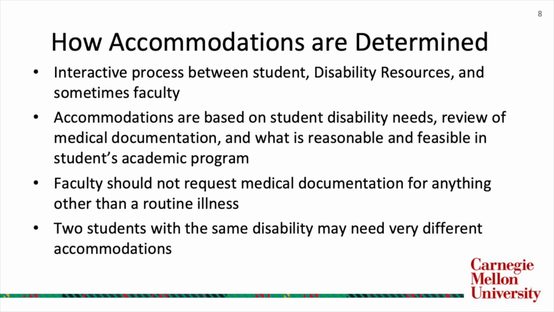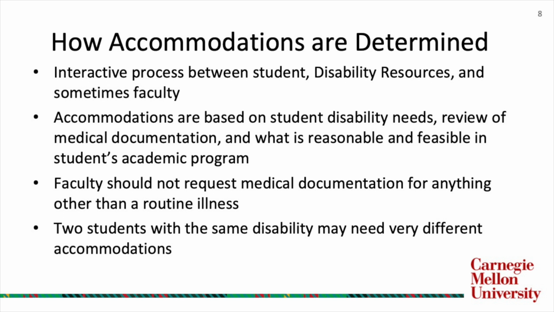So you might wonder, how is it that we determine what accommodations are appropriate for a given student? I will say, all of us who work directly with students in terms of setting up accommodations have both education and years of experience working with students with disabilities.